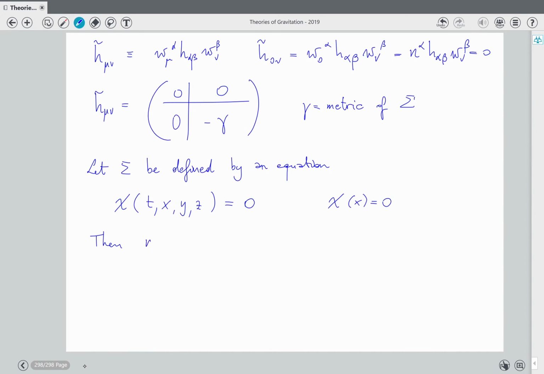Then the normal is, apart from a proportionality factor, the gradient. Del mu, here we could write partial mu because this is a scalar.